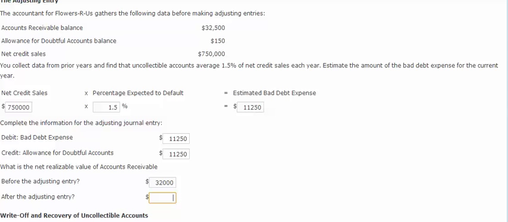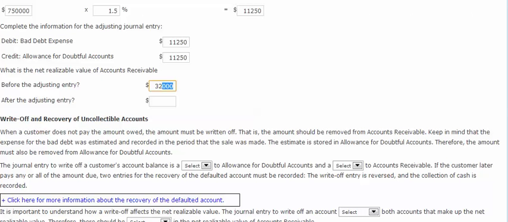Okay, so 32,500 minus 150 is 32,350. Now I'm subtracting another 11,250 from that. So I would have 21,100, it looks like.